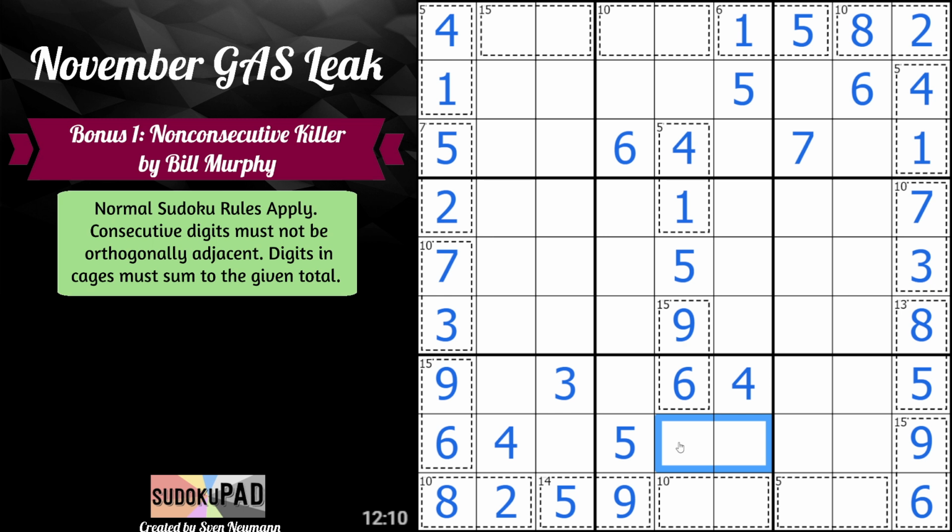Okay, wait, sorry. 3, 7, 1, 2, 8, right? Obviously, the 1, 2 can't be together. So that means 8 has to be down here, which places 8, which places 7. Okay. We can apply the same logic over here, but flipped. But how do we know the 8, 9?